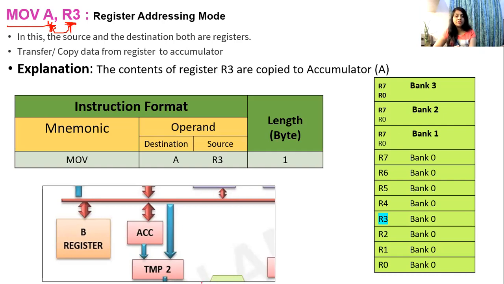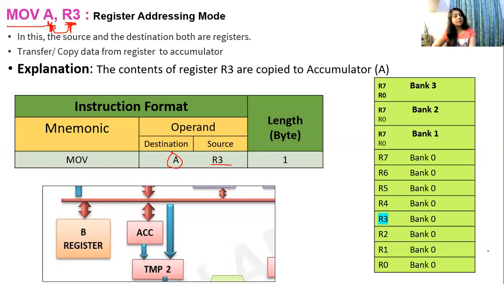Now what happens in this? This instruction will transfer a data from register R3 to register A, because R3 is a source register and A is destination register. Now what is R3? If you remember, we have already studied internal memory organization of 8051 microcontroller.